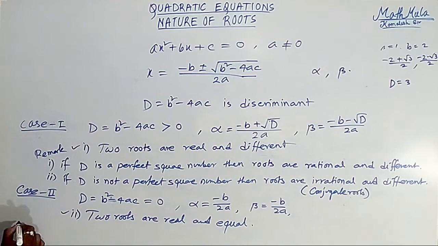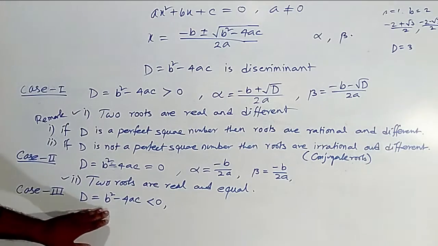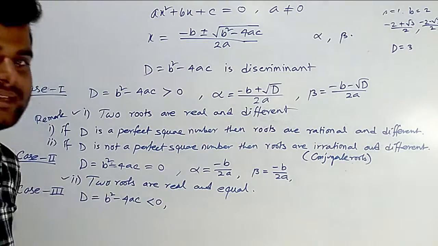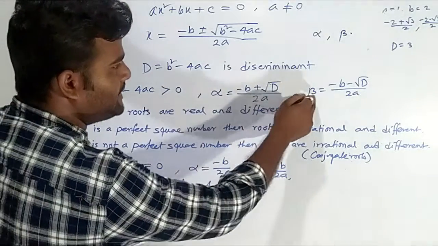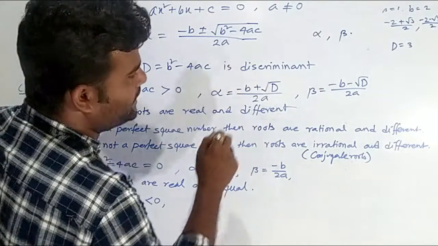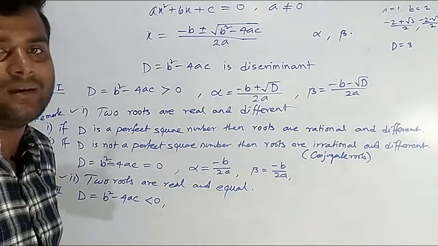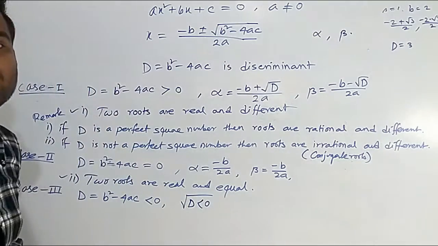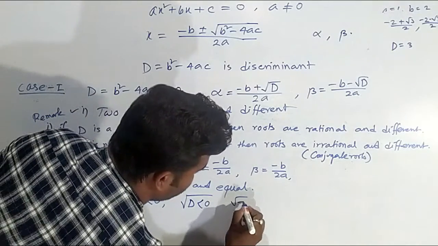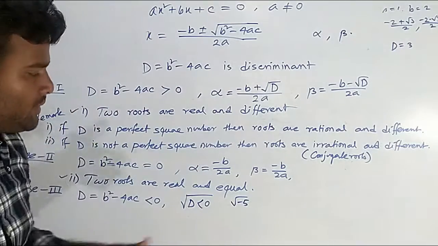Now case 3. If D, b² − 4ac, is less than 0, then the roots are the same alpha and beta, but the value of √D is not a real number, because under the root there is a negative number. So something like root over −5.